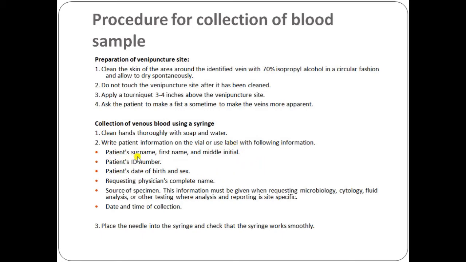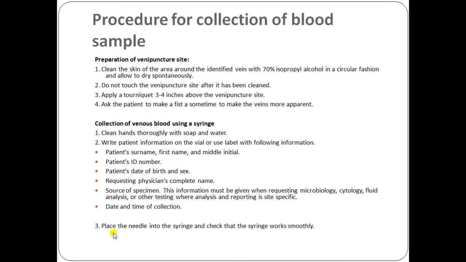The information must contain the patient name, patient ID number, date of birth and sex, the physician who referred the patient, and the source of specimen. This is important in some cases, for example, when you are working on microbiological samples or cytological samples. Then write the date and time of collection.